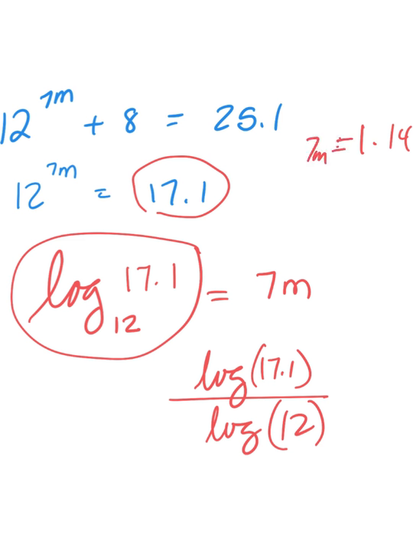So we don't have m yet until we divide that by 7. Second answer divided by 7. And you always round these to 4 places. So that should be your answer for number 10.